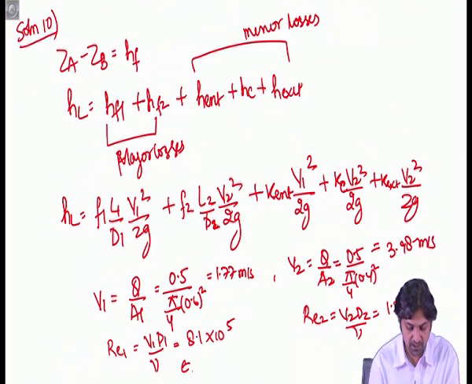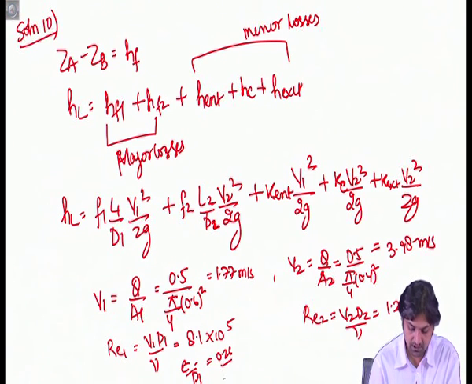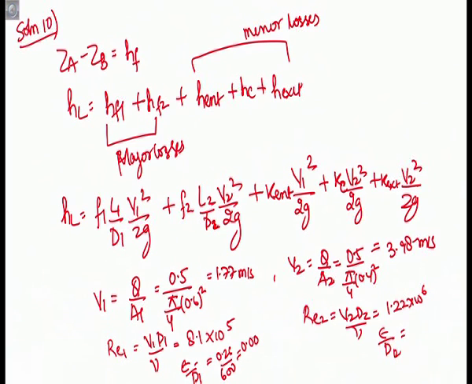Here epsilon by D1 will be 0.26 divided by 600, and here epsilon by D2 is going to be, so this comes out to be actually 0.00043, and this one comes out to be 0.00065.